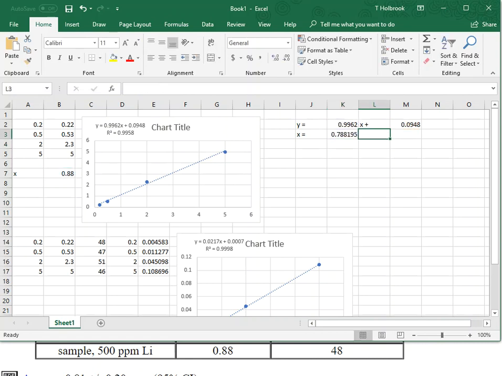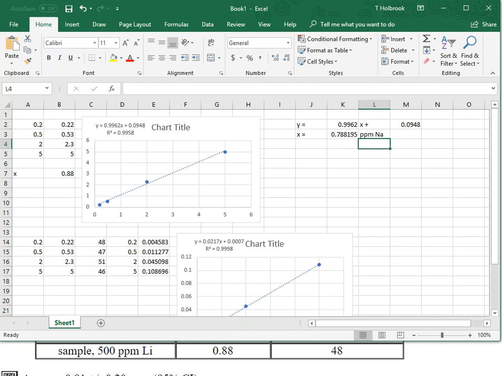And this is the concentration that I would get for sodium. Nothing changed. What I've just done is the same thing that you have done throughout the entire semester and throughout the entire program. I've taken the signal from a sample, I plugged it into the regression line, and I solved for X. Simple as that.